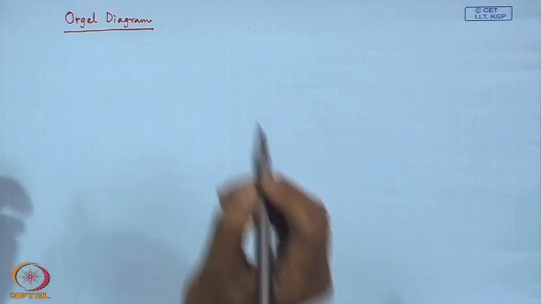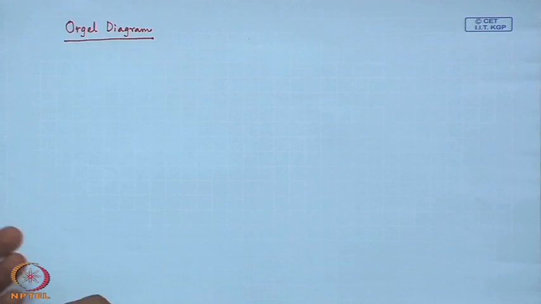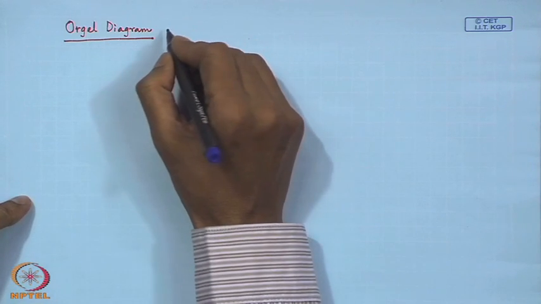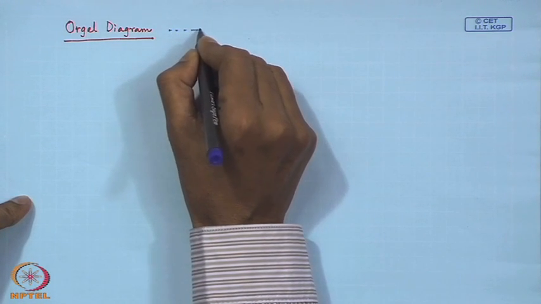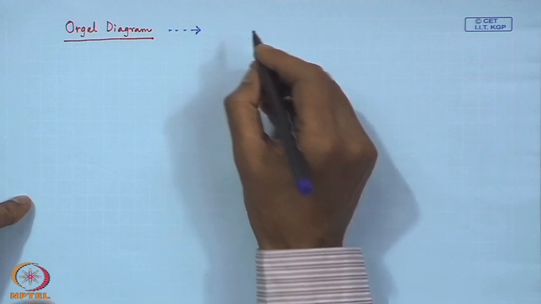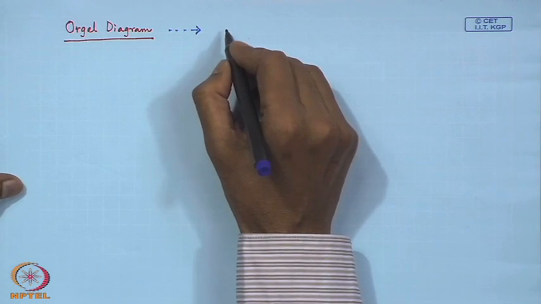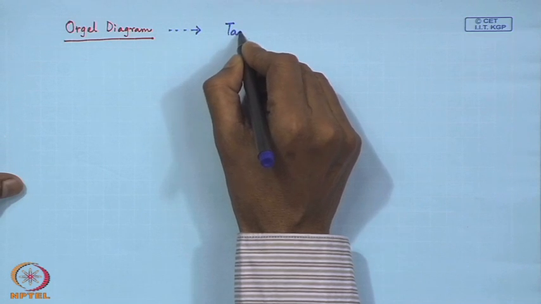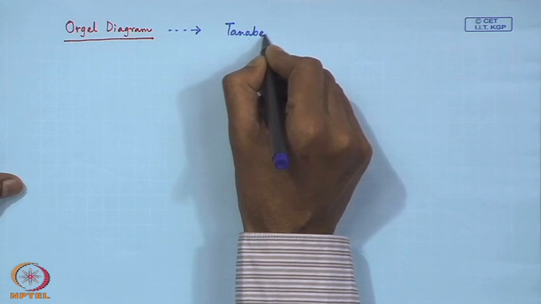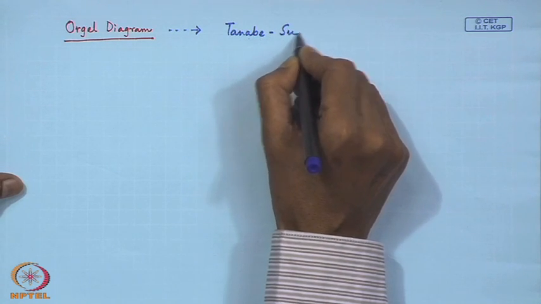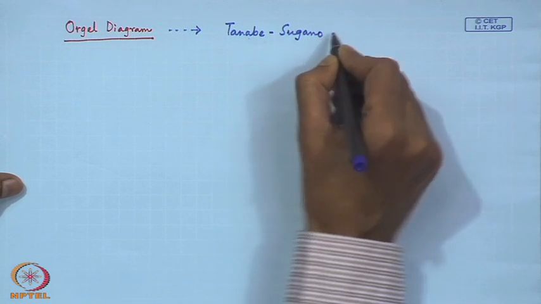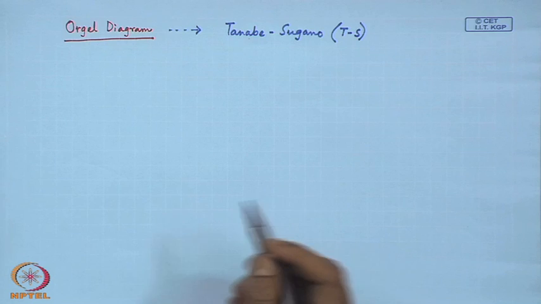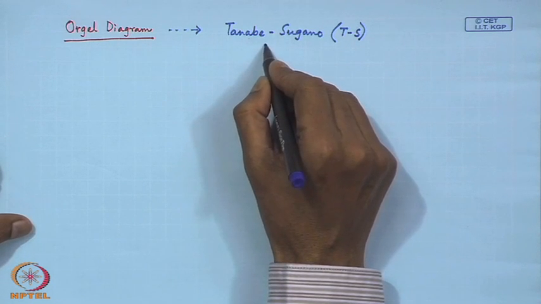Next we will proceed towards the goal where we will find how the Orgel diagram can give us some information to draw another correlation diagram, which is the Tanabe Sugano diagram, or TS diagram.